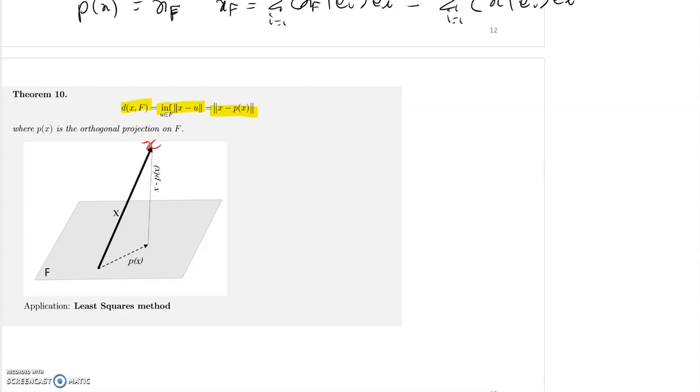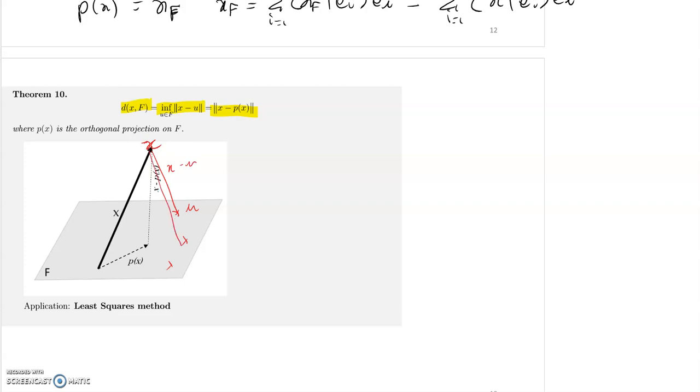So you've got your point x, and you want to consider any point u that belongs to the space F. So that could be here, here, or here, and you're computing the distance between x and u, so that's x minus u.